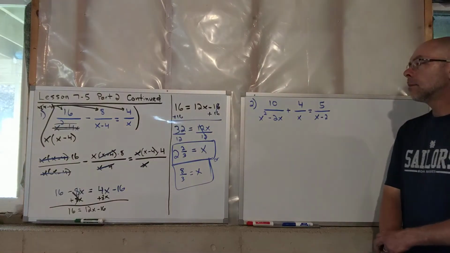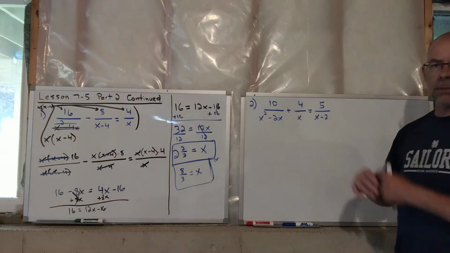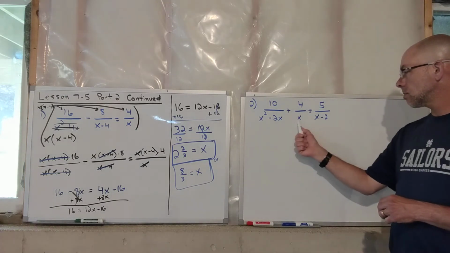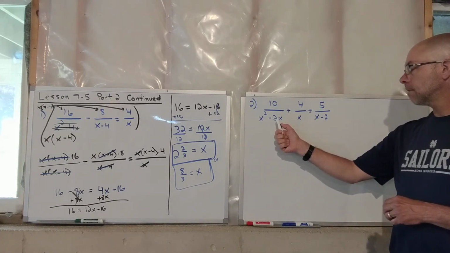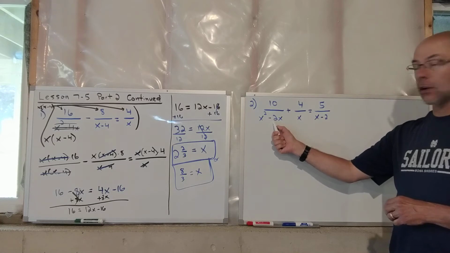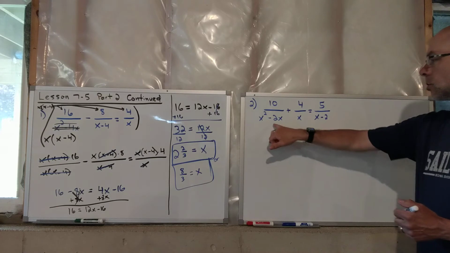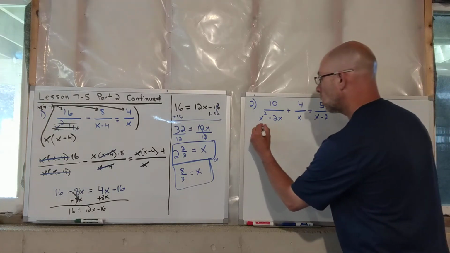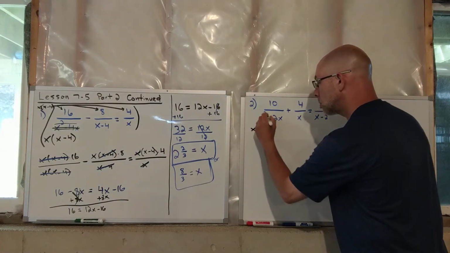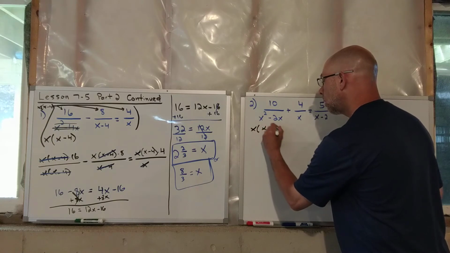Very similar, but I think you need to see this a couple of times. You look at these three denominators, and this one does factor, very similarly to the way that one did. There's a GCF of x. So I pull that x, which leaves me x minus 2.